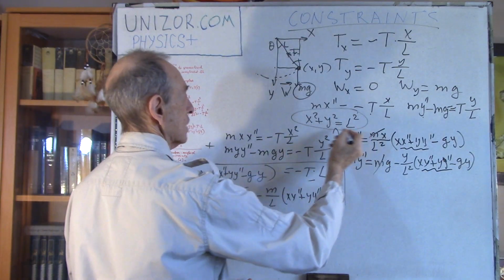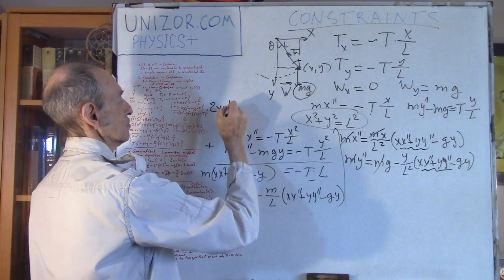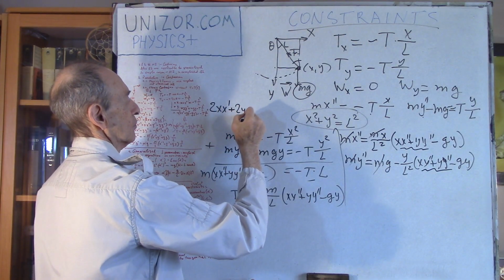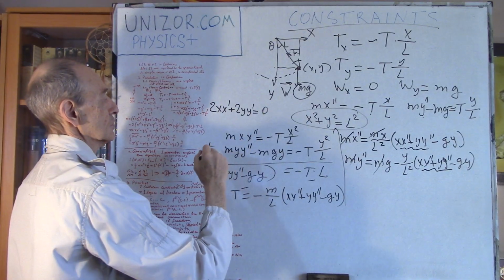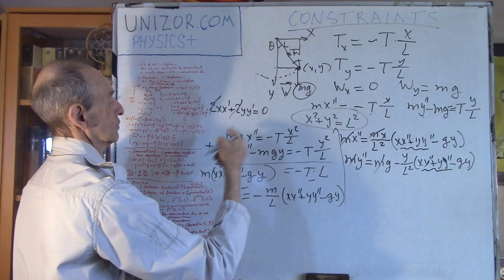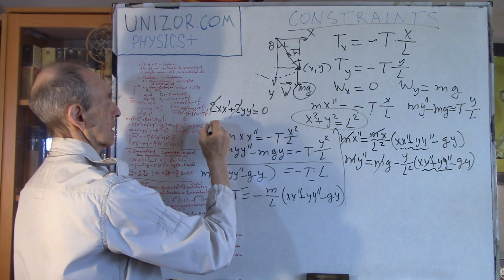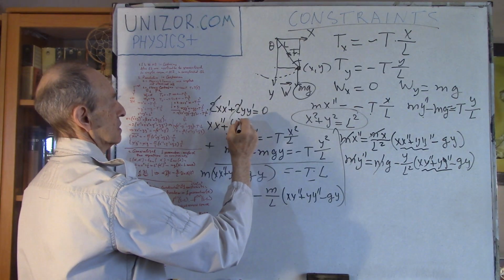If you differentiate this by time, you will have what? 2x x prime plus 2y y prime equals 0. L is a constant. And again differentiated by time. Well, get rid of 2 because it's 0. Differentiated by time, it would be x x double prime plus x prime squared, right?